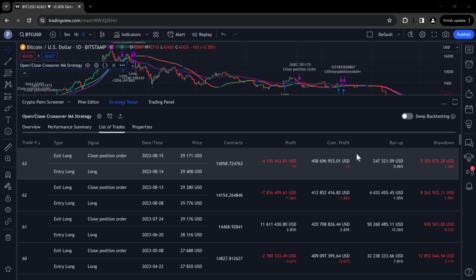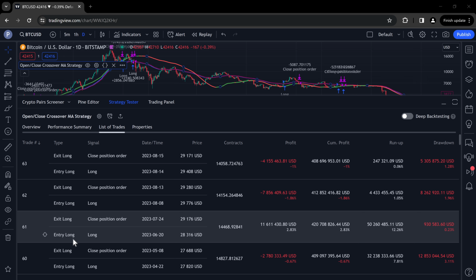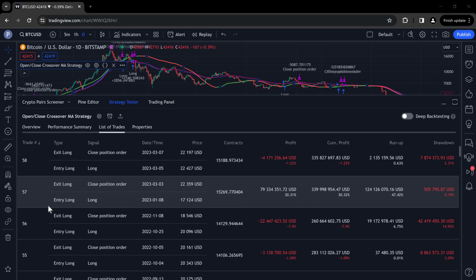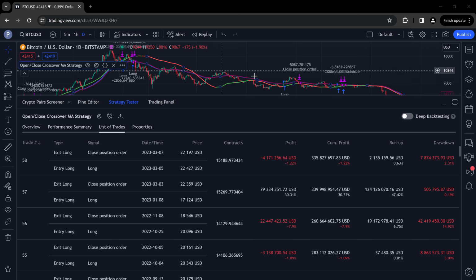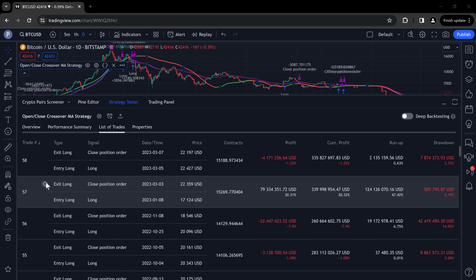So in this trade list, we can navigate to the time of specific trades on the chart by clicking on them in the list. How do we do that? For example, we are interested to find on the chart this specific trade, this specific exit.